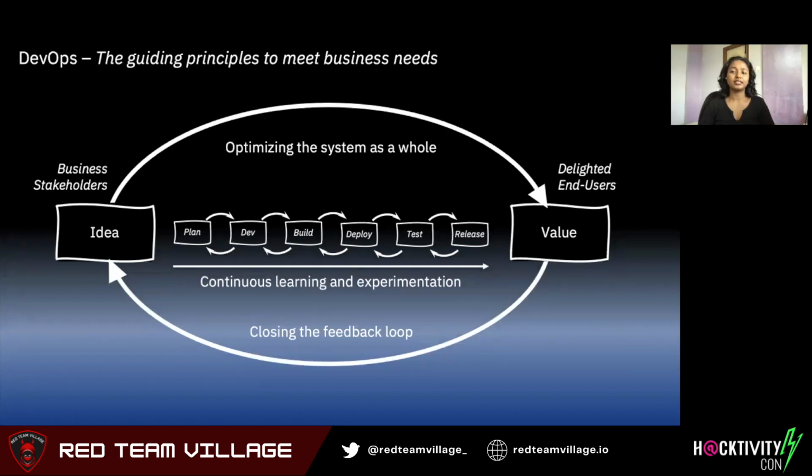DevOps is just a combination of cultural philosophies, practices, and tools that can increase an organization's ability to deliver services at high velocity. DevOps is a practice which involves having your developers in the organization and the ops teams working together, so that if there are any changes being made to the code base by the developers, and if it's impacting how the infrastructure as a whole is working, that's when the ops teams have visibility into it and manage the changes, right?